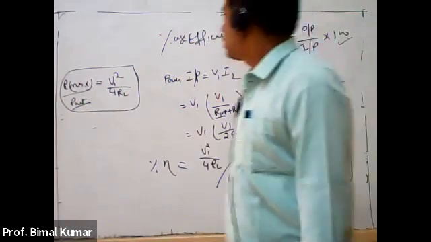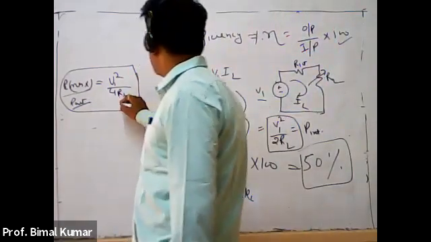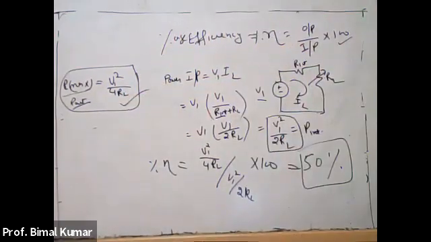One is the maximum power available across the load, given by V1 square upon 4RL, and second, the maximum power transfer across the load from the source is equal to 50% only, right?